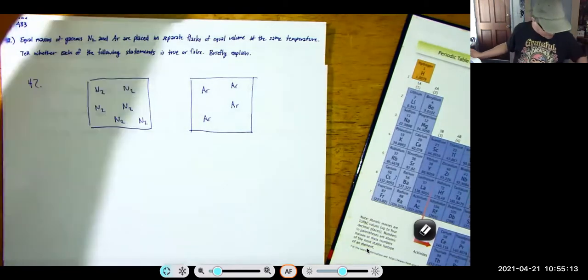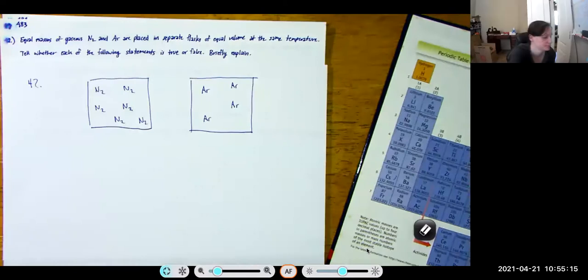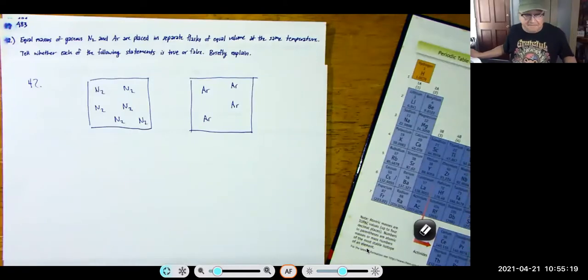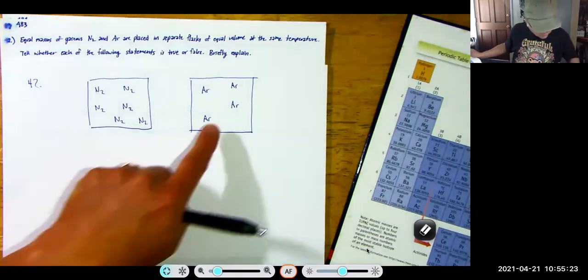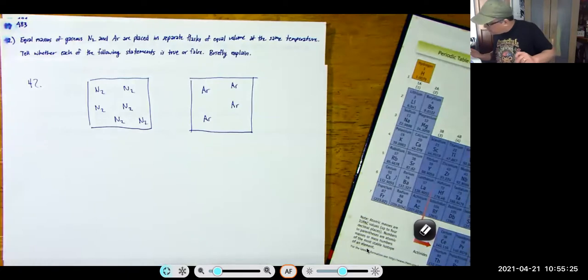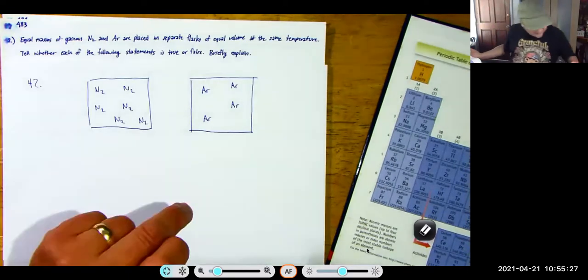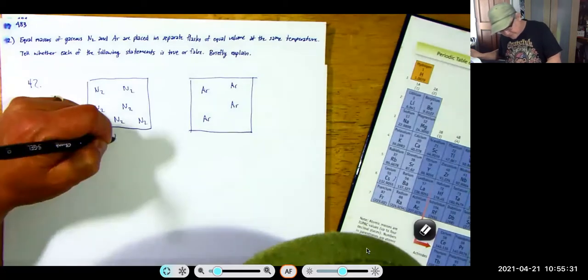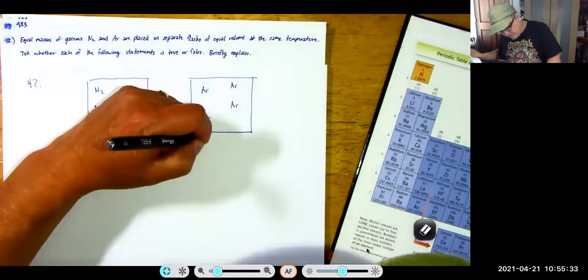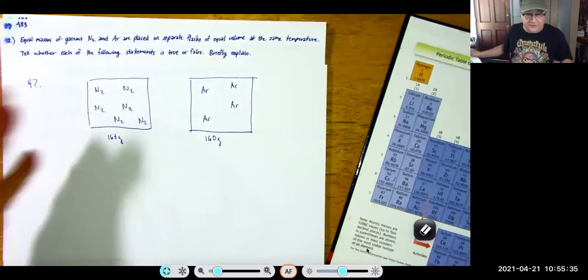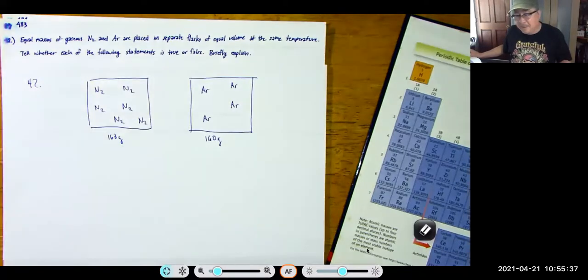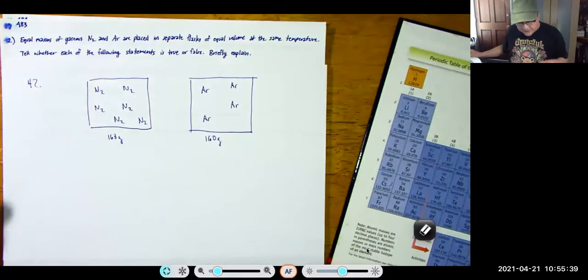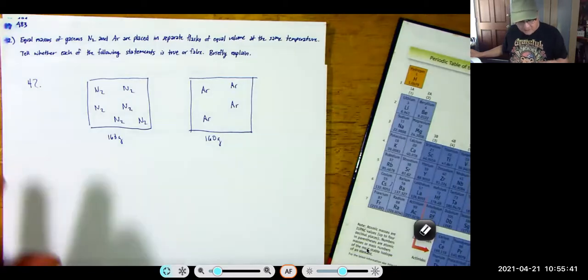Let's do that. 168. Okay. And here for the argon, 4 times 40 is 160. So this is pretty close to being the same mass of each. Fair enough? Yeah. Okay, so we're going to use this as kind of our idea of what's going on.